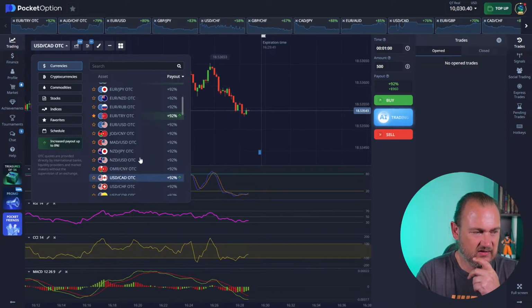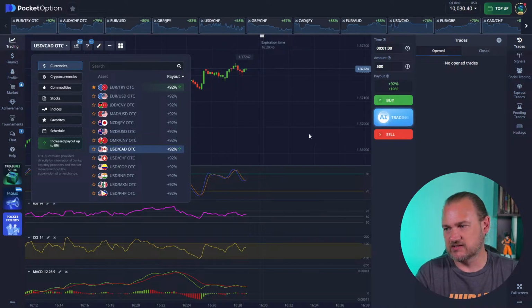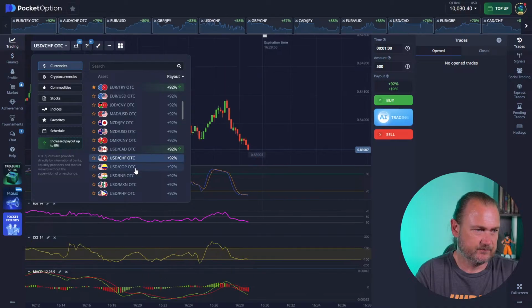Now, the best chance to get divergence for the stream, so that we can actually see an example, would be on the 10-second chart.